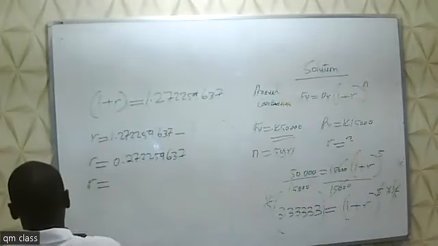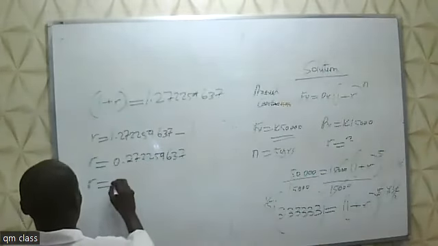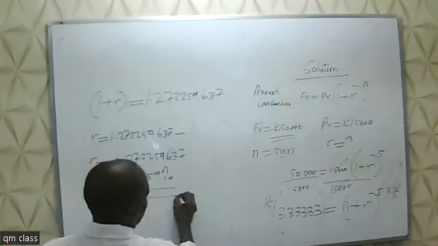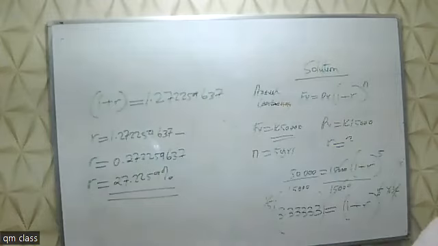So our r is going to be multiplied by 100, which is 27.2259%. So this is the percentage that the bank was actually giving him.